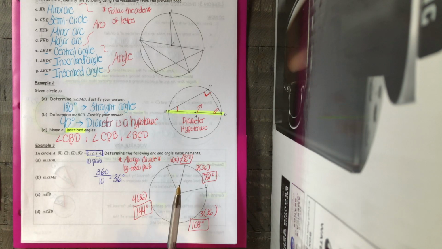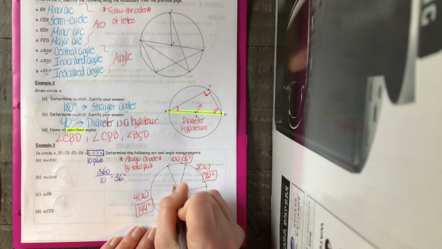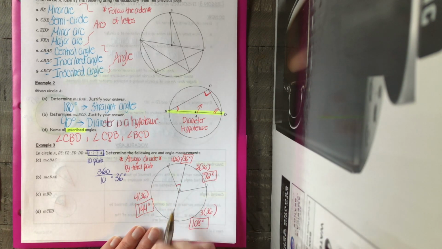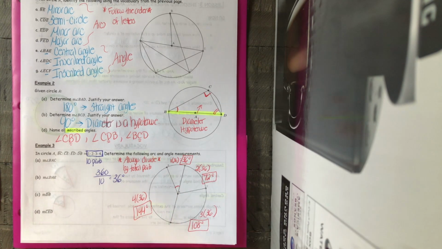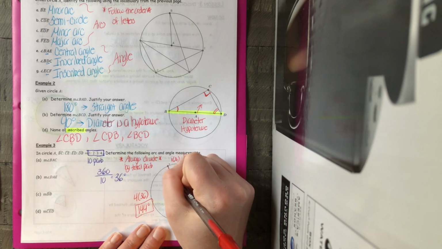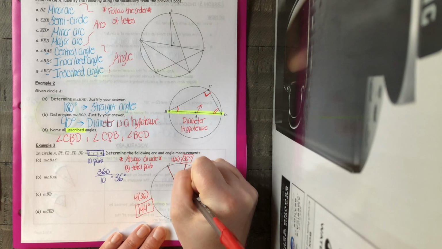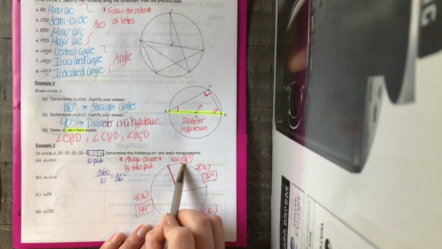All right, so if I look, angle BAC, I can see that this is a central angle because it's at the center of the circle. I know that central angles equal the arc that they're intercepting. So I can see that BAC, this little piece of the pizza right here, it's hitting 36 degrees.